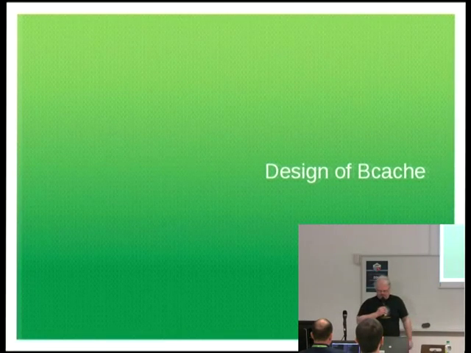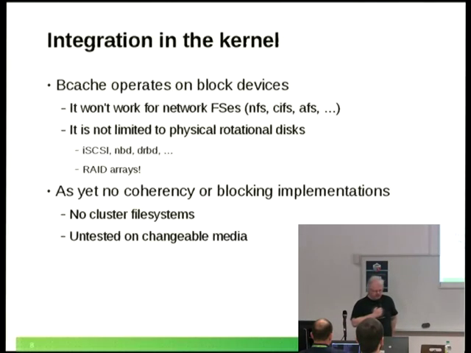Anyway, how does Bcache work? It operates on block devices. That means that what you use as a cache, in theory, does not have to be an SSD. You could use a rotational disk to cache an old CD. I'm not commenting on making sense of that, but it would work.